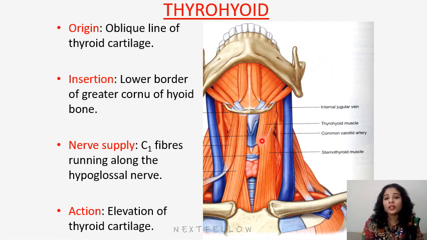Thyrohyoid is from the oblique line of thyroid to the hyoid bone. So it gets origin from the thyroid and inserts into the hyoid bone. It is a little different in its nerve supply. It is supplied by C1 fibers which are running along the hypoglossal nerve, and the action of this muscle helps in the elevation of thyroid cartilage.